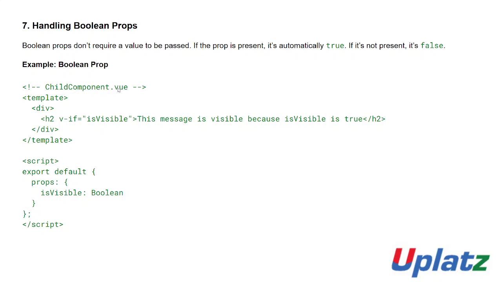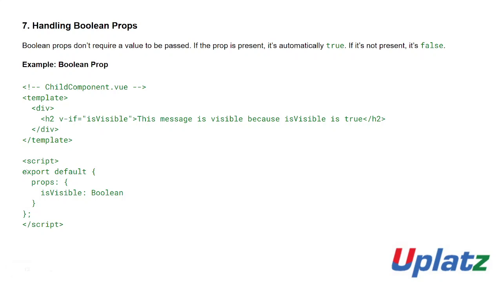Example, Boolean prop. Child component.vue: template tag, then div tag, then within an h2 tag, v-if is visible. If this is visible, then the message is visible, because isVisible is true. The h2 is closed, the div is closed, and the template is closed.